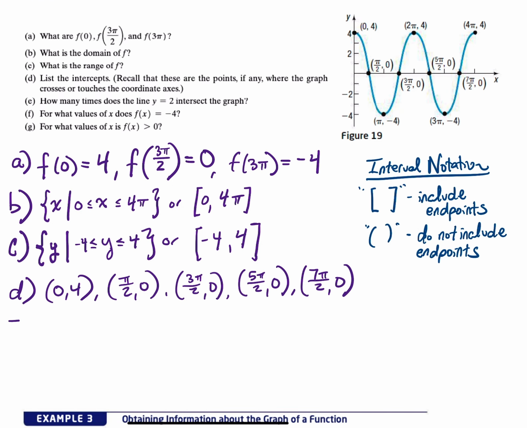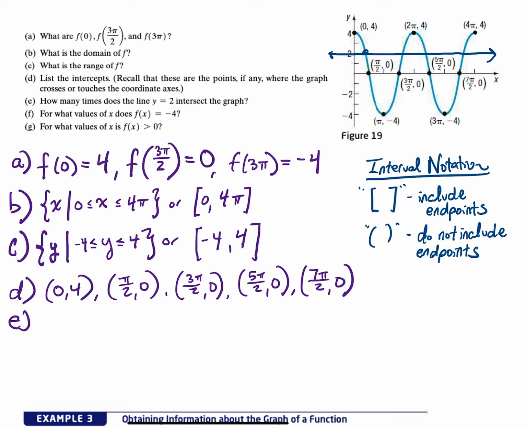Okay, let's look at E. E asks, how many times does the line y equals 2 intersect the graph? Well, the line y equals 2. Keep in mind, y equals something is a horizontal line. So y equals 2 is the horizontal line going through 2 on the y-axis, meaning y is always equal to 2, x can equal anything.